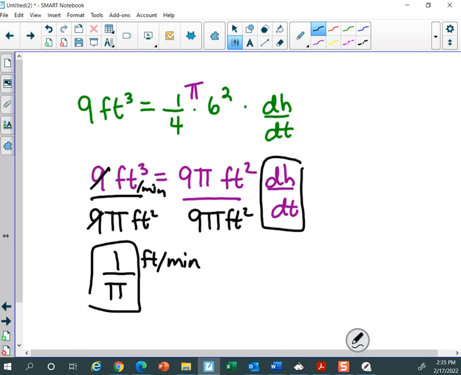And you better believe if that's a multiple choice question, pi will be there. Absolutely. 1,000,000% guarantee. If this was a multiple choice question, one of your choices would be pi feet per minute. And you would look at it and go, yay, I got it. And you'd pick it and you'd feel happy. And then you'd get your test back and be like, oh, crap. Right? Try to finish strong. Don't hurry up.